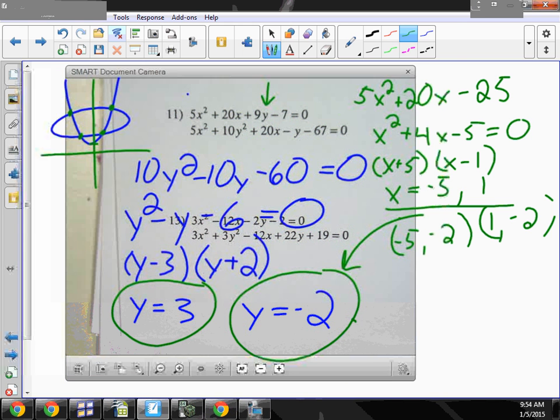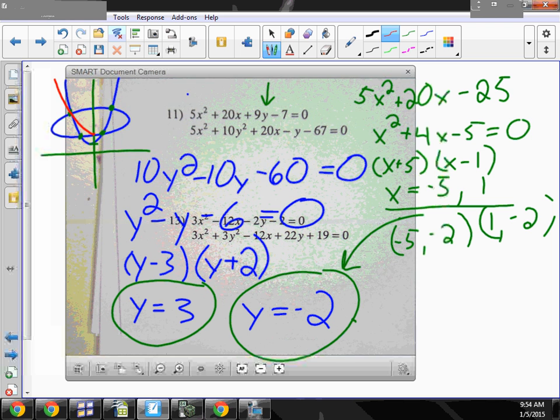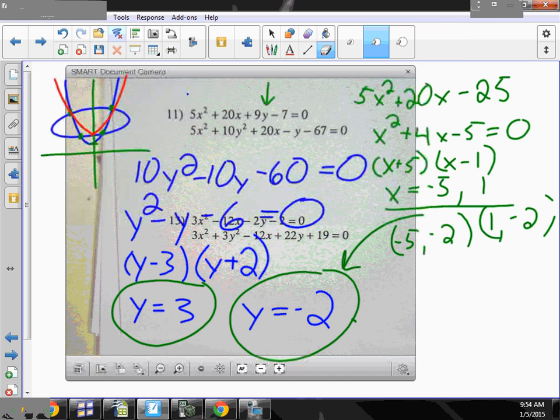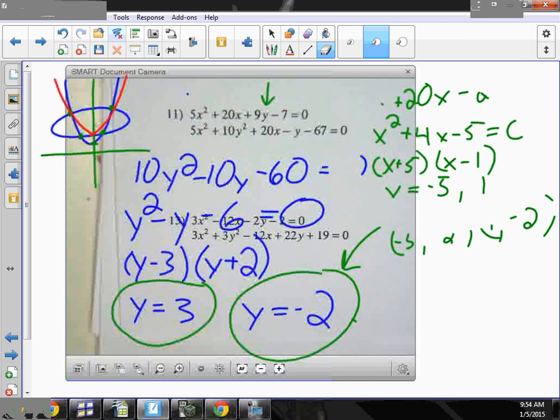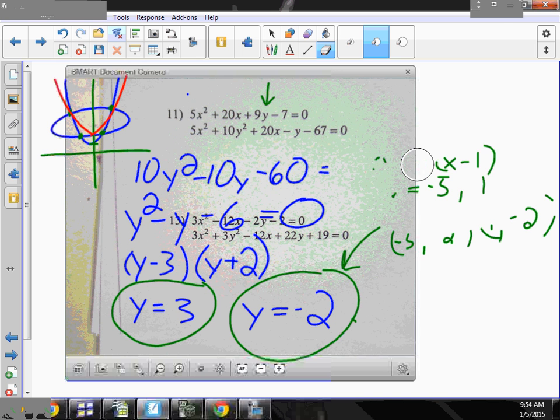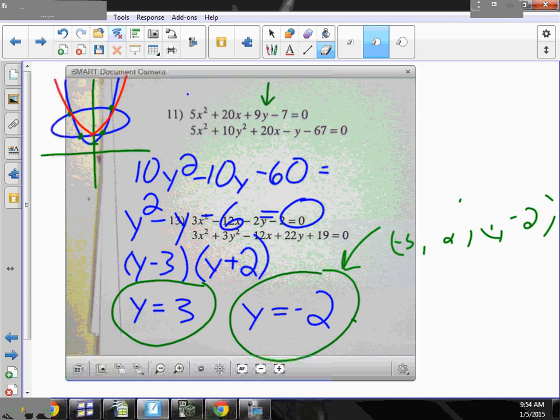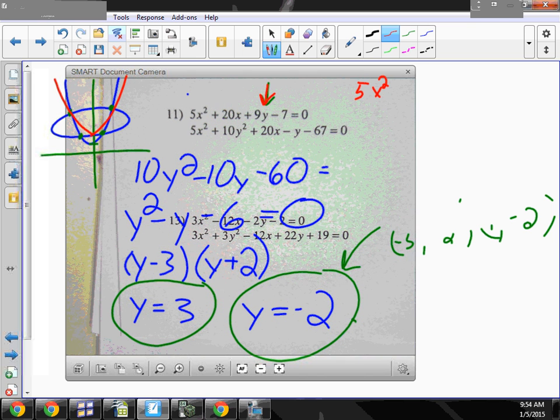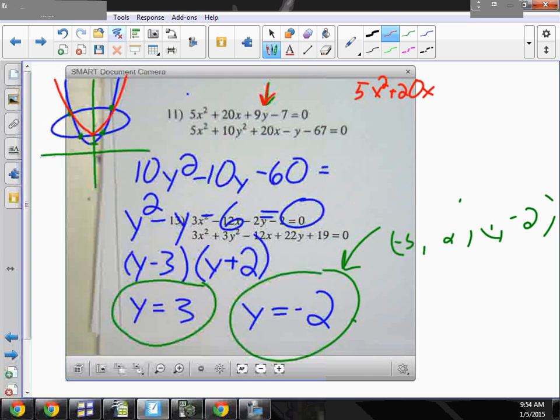Yeah, you can. It could look like this. Yeah. So let's plug in 3, and we'll see how many solutions there are. So I'm going to put 3 in here. 5x squared plus 20x. 9 times 3 is 27, and 27 minus 7 is 20.